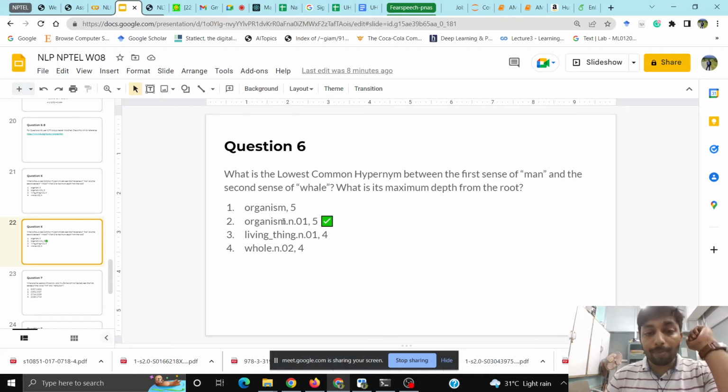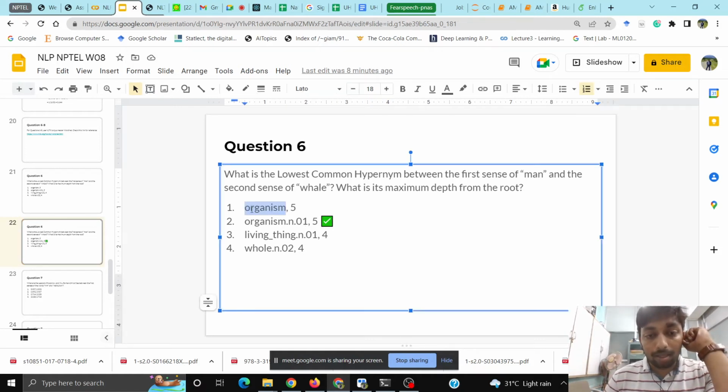You have to be very specific about the sense of that word. So you have to add all this noun and 01 as well, which specifies which sense ID it is. If you just say organism, it will be a wrong interpretation. There is nothing like organism in WordNet. It always will have a 3-part structure.